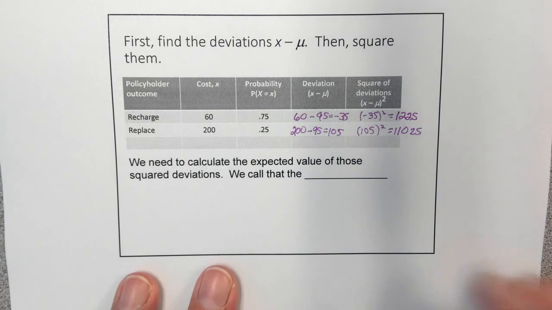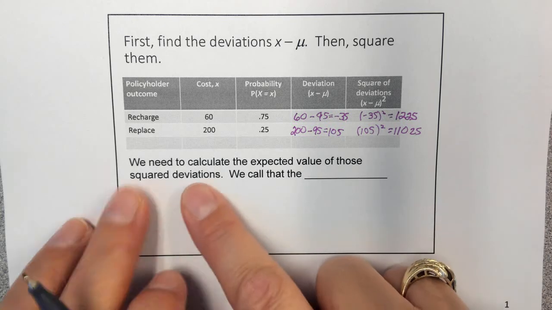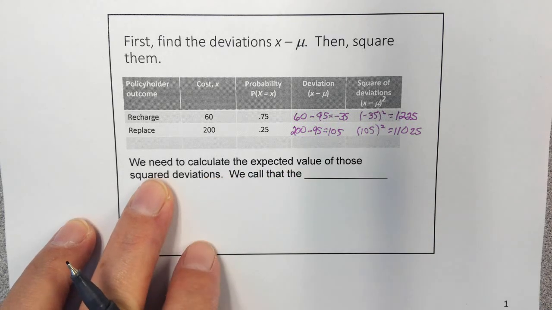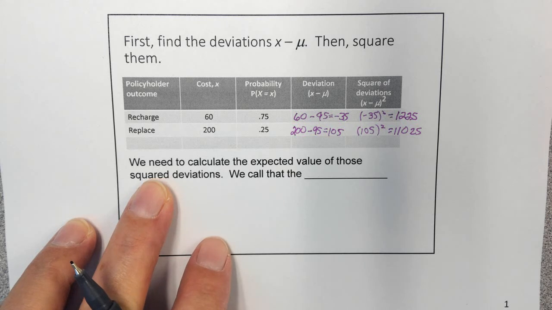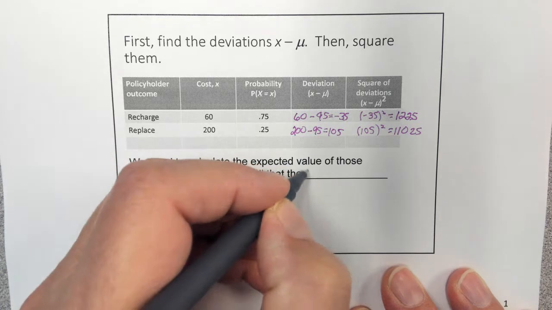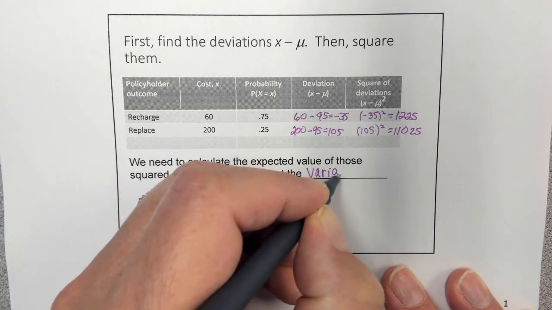All right, so of course squaring gets rid of negatives, but it also sort of over amplifies things that are far away from the mean and gives them a little more meaning, a little more oomph. And then we need to calculate the expected value or the average of those squared deviations. And we call that the variance. Fill in the blank there.